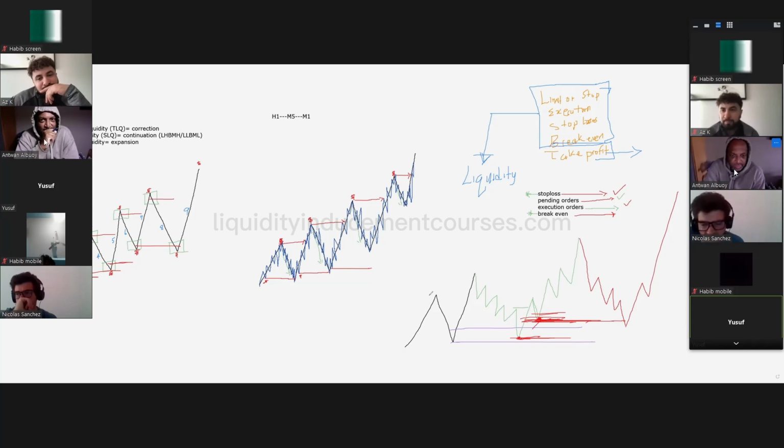Is it making sense now? Yes, sir. So this level here, if price comes here, you don't have to keep waiting for it to go to the last low. No. All you need to do is keep monitoring price. We said no MSU, no trade, right?